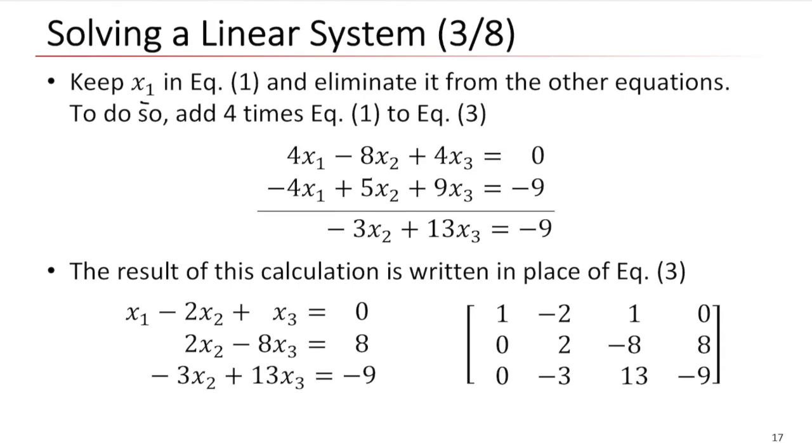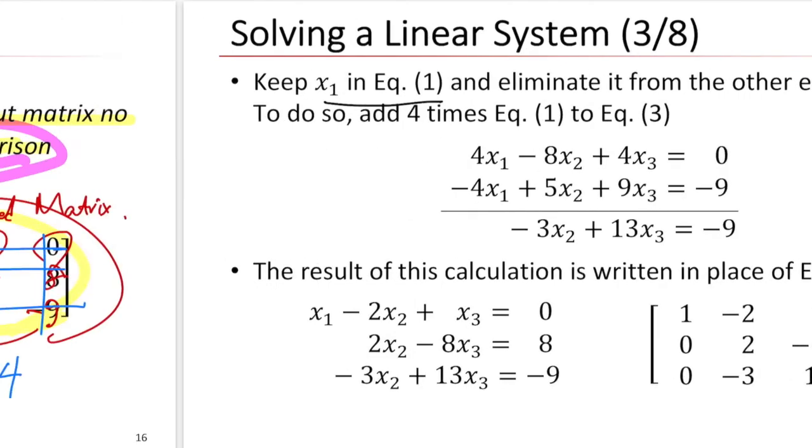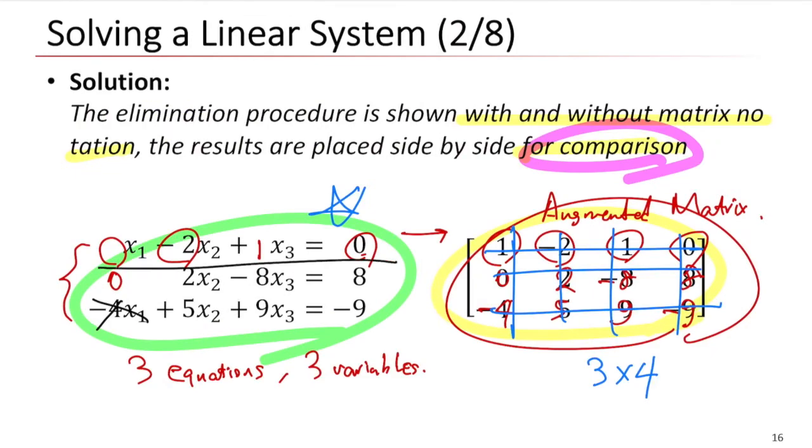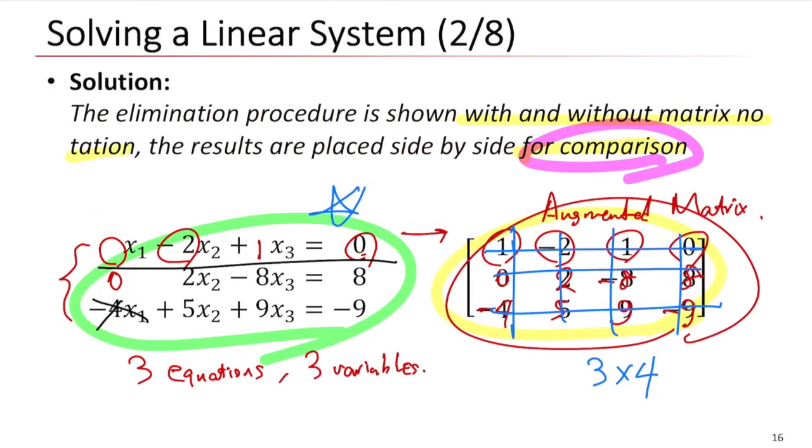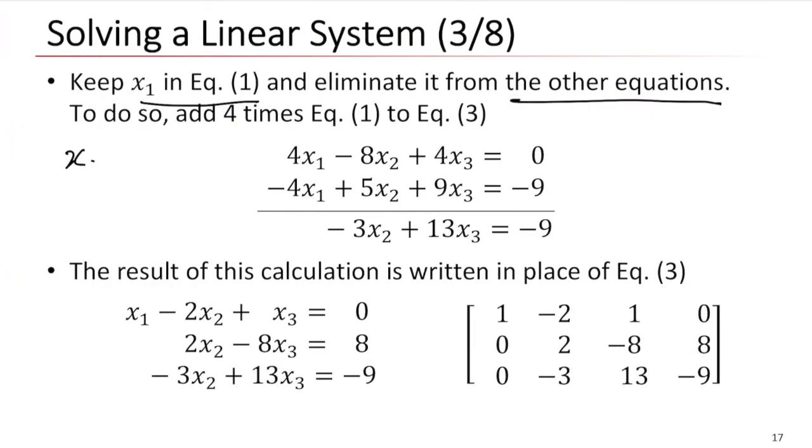First of all, keep the x1 in equation number 1, this one, and eliminate it from the other equations. First, we have x1 minus 2x2 plus x3 is equal to 0.